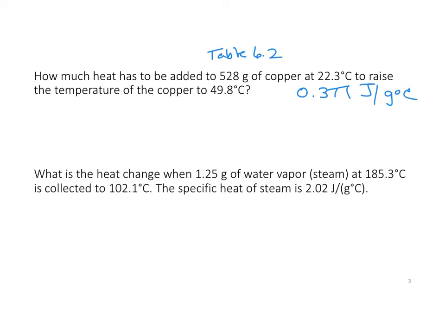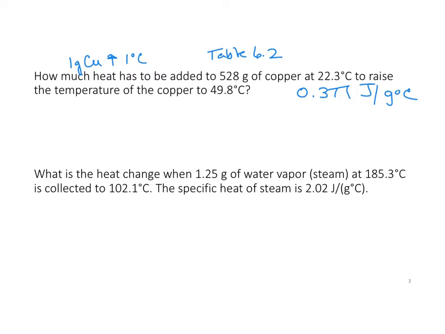Okay, so what does this mean? This is the amount of heat, 0.377 joules, that it requires to take 1 gram of copper metal to increase the temperature by 1 degree Celsius. And so all these substances have been measured about how much joule energy, heat energy, it takes to take 1 gram of substance and increase the temperature by 1 degree.